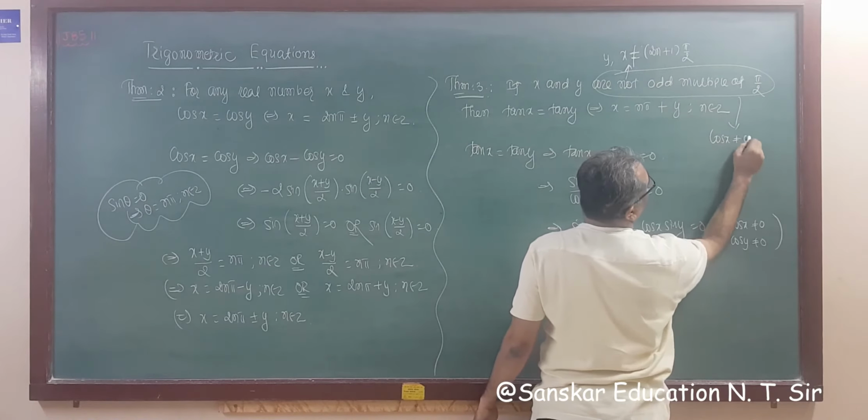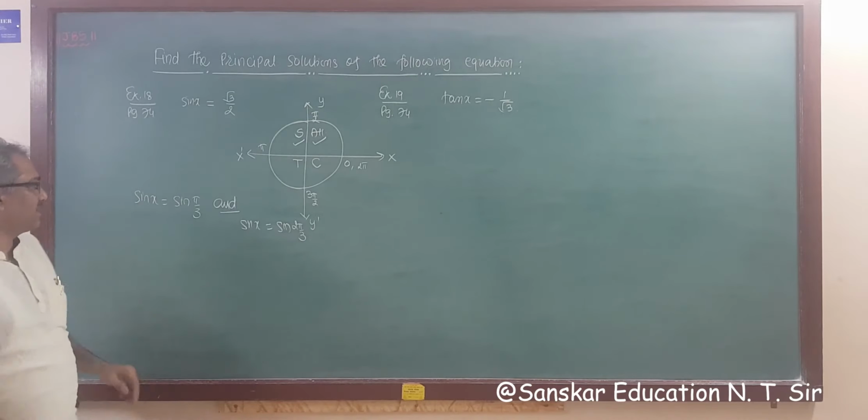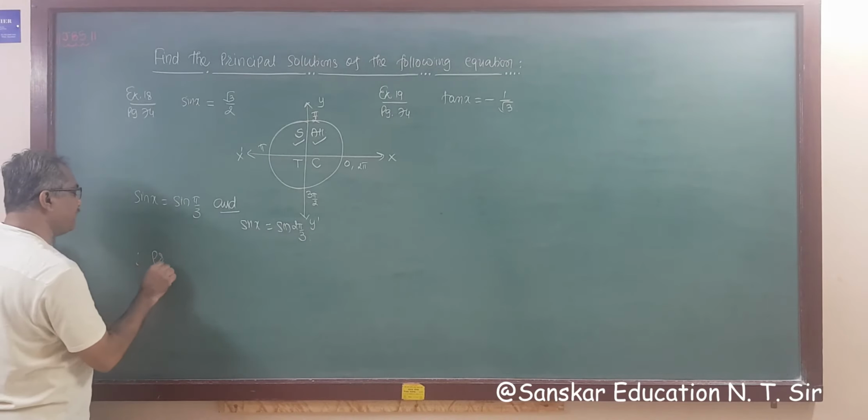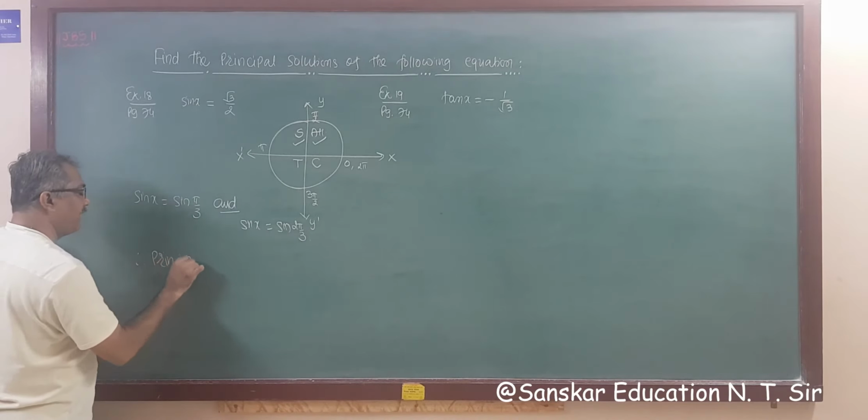So the principal solutions are x is equal to pi by 3 and 2 pi by 3. Got it? So all possible values of x in 0 to 2 pi.